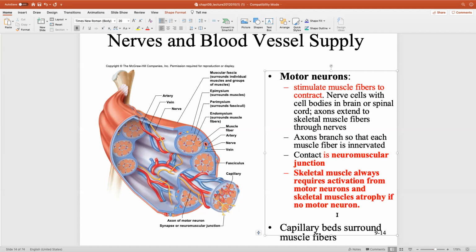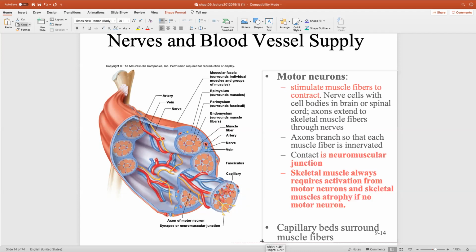Meaning what? People that have spinal cord injury. When the spinal cord has been damaged, the motor neurons coming out will also be damaged. And because they're damaged, they're no longer sending action potentials to the muscle. The muscle now can't work, can't contract, and with a lack of activation, it actually atrophies.